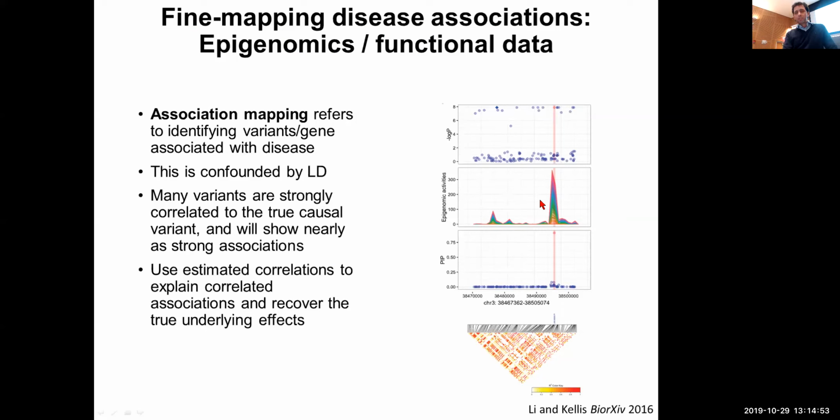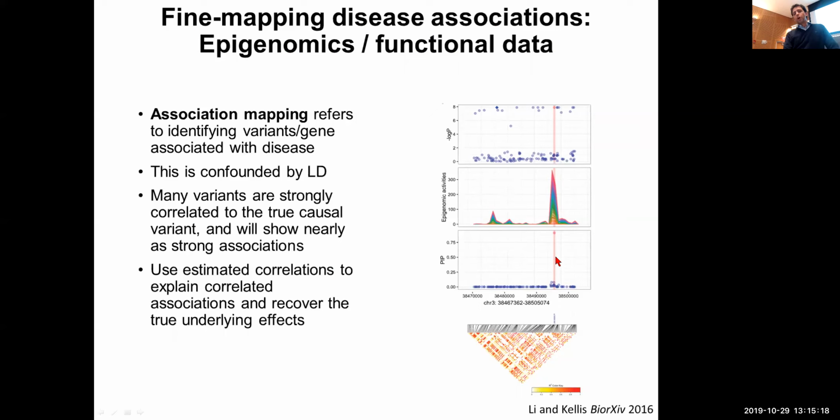So what we can do instead is look at epigenomic information. We can basically overcome this linkage disequilibrium problem, this haplotype block problem, by saying, within the region of association, which of these genetic variants have functional annotations that are perhaps enriched across the entire genome-wide association study.